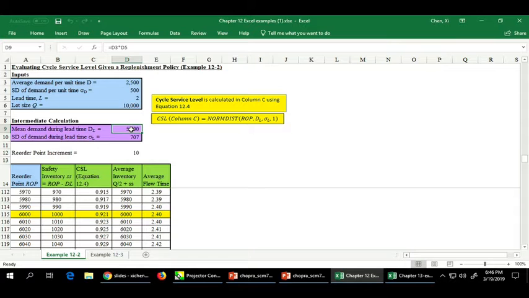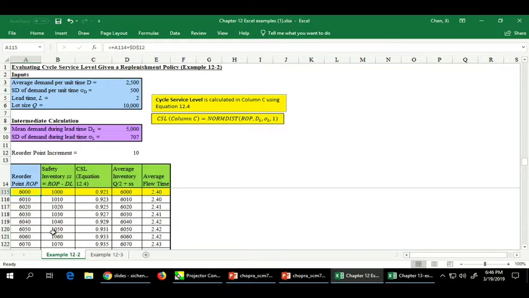The lead time demand mean is D times L, and the standard deviation is the square root of L times sigma D. The reorder point we looked at is this row.